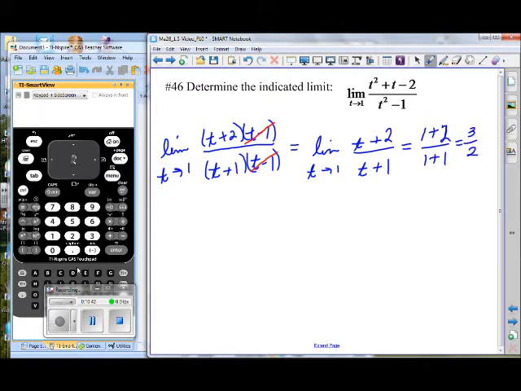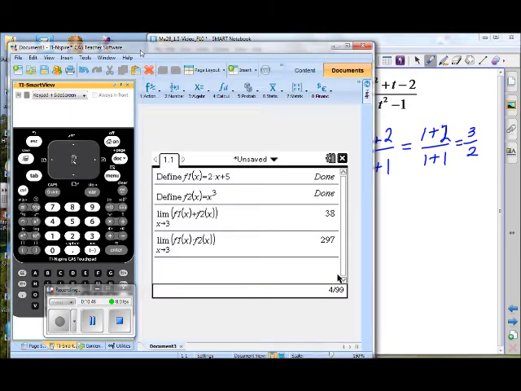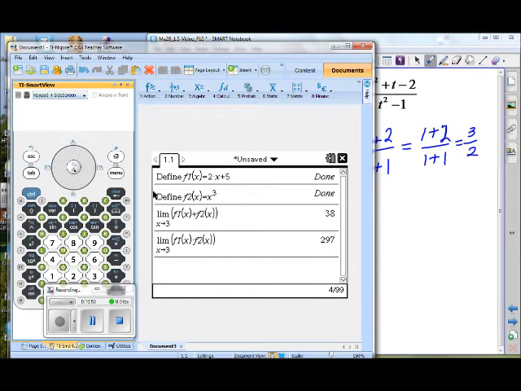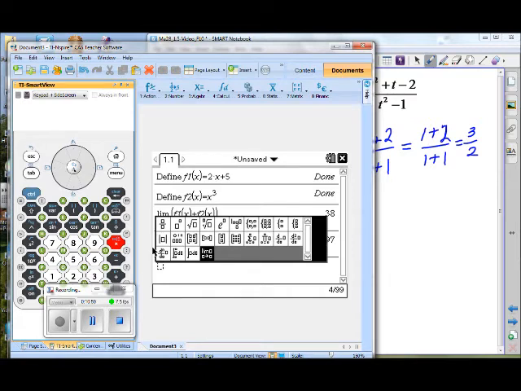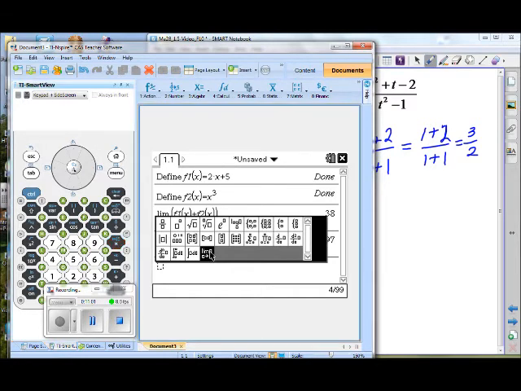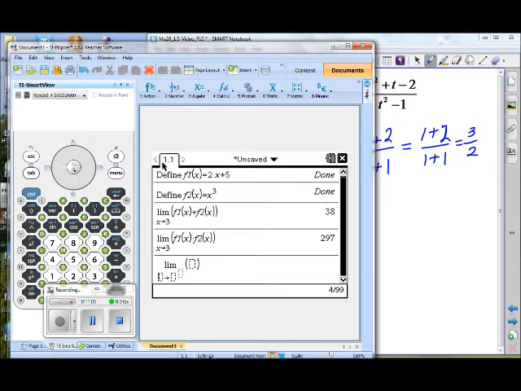My answer would be 3/2. Could we use our Inspire to do that? Exactly in the same way we have been. I'm going to go back and look at the other, our gray model. To get to the template, it would be Control on the multiplication, pick up the limit, and now we have t. It's okay to use t.